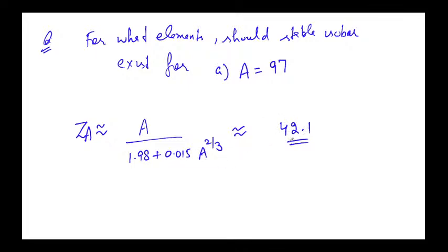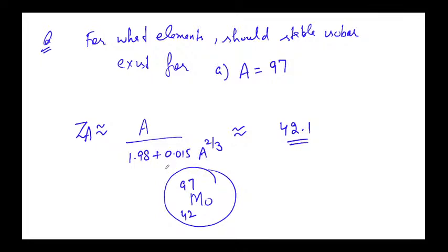So from this you can tell that the most stable isobar for atomic mass 97 is molybdenum, whose atomic number is 42. So similarly you can calculate the most stable isobar of any other nuclei which are being asked.